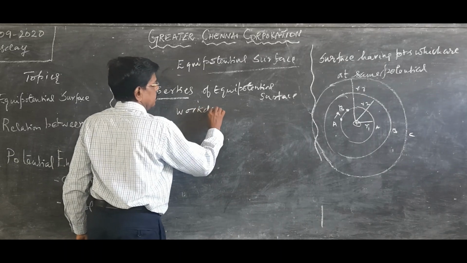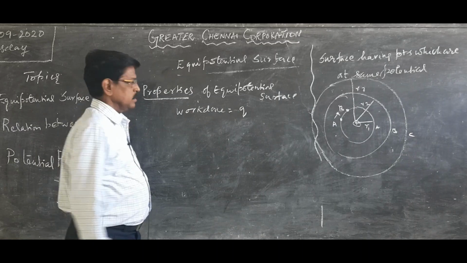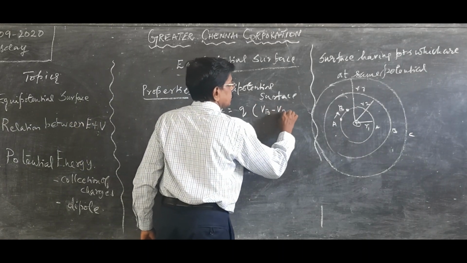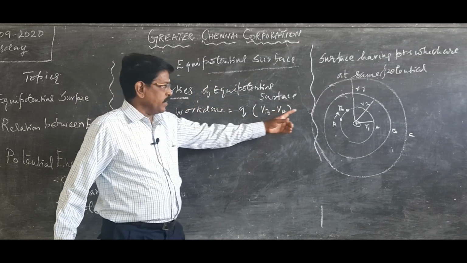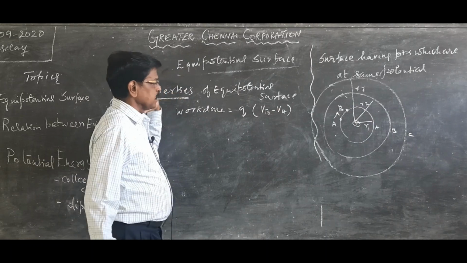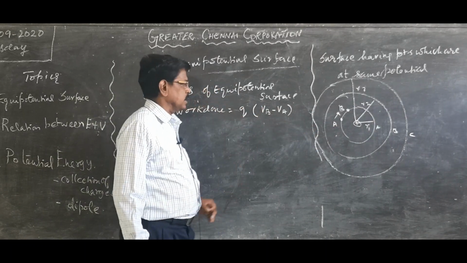The formula for work done is charge into the potential difference between the 2 points. What is the final point? Final point is B, initial point is A. Okay.